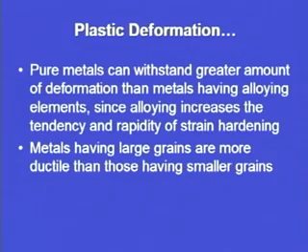We have seen how plastic deformation takes place: formation of slip, grain fragmentation, grain distortion, and then, depending upon the type of material, if it is a pure metal, it can undergo a greater amount of plastic deformation. If alloying elements are added, then the plastic deformation may not be that much.